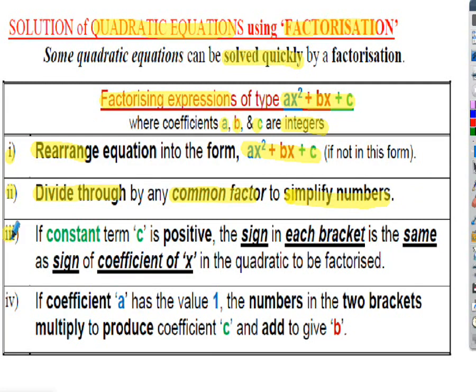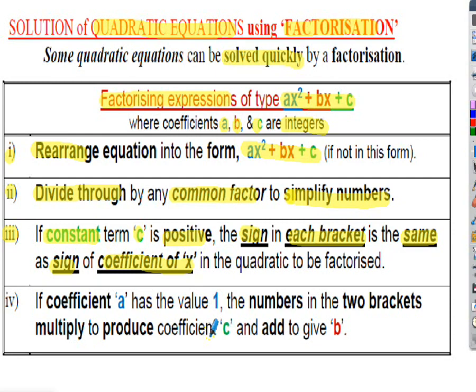Now step 3 is interesting to note. If the constant term, that's the c in the above equation, is positive, then the sign in each of the brackets we're going to use in the factorization process is the same as the sign of the coefficient of the x term, and that's the b value above.